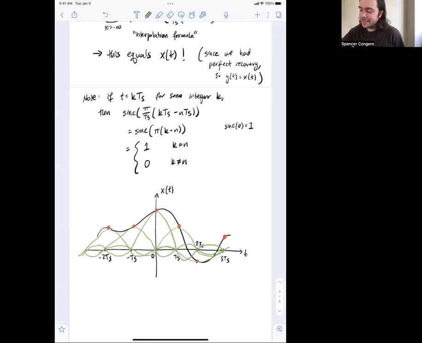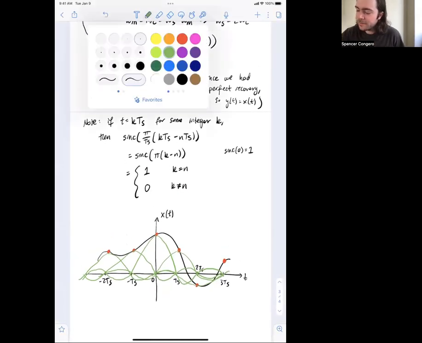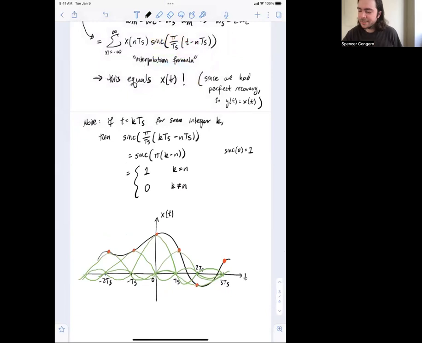So amazingly, it's bizarre, but if I gave you all of these red sampled points, and I said, put all these sinc functions at these points, scaled by the sampled values, and add them all up, you exactly get back x of t. All those green functions mysteriously add together to give you back exactly that black function x of t. It's really amazing.